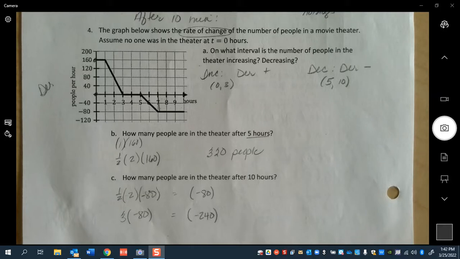If it's increasing, my derivative is positive. This is where the number of people is increasing. Now, we know it's increasing at a decreasing rate. Here it's increasing at a constant rate. Here it's increasing at a decreasing rate. Here it's not changing. And then from 5 to 10 hours, it's decreasing.